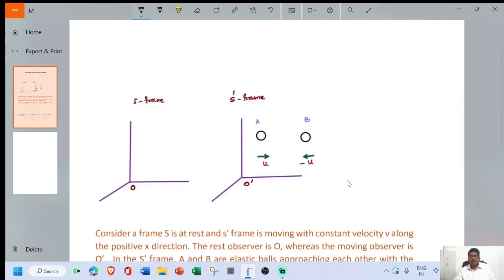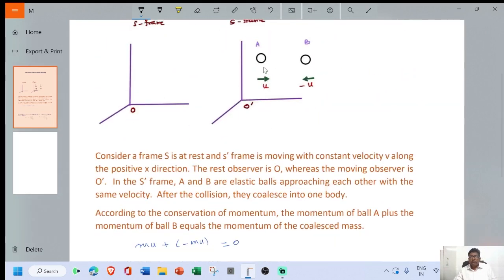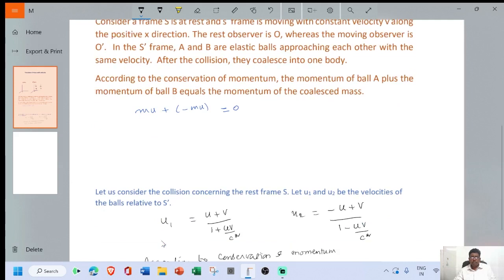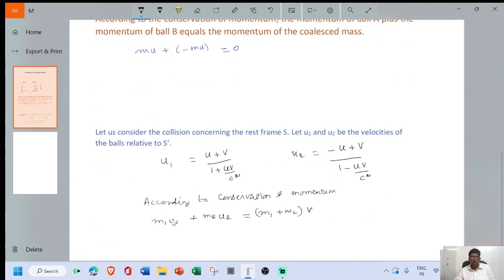For the observer O dash, mass of the ball A is m, mass of the ball B is also m, but for the observer O, the mass of the ball A is m1, whereas the mass of the ball B is m2. Velocity of the ball A is u1, velocity of the ball B is u2.